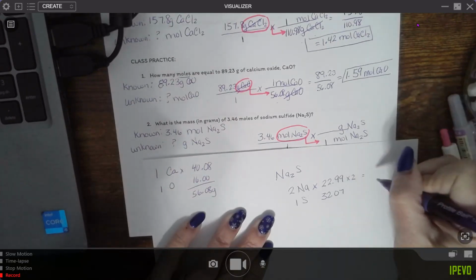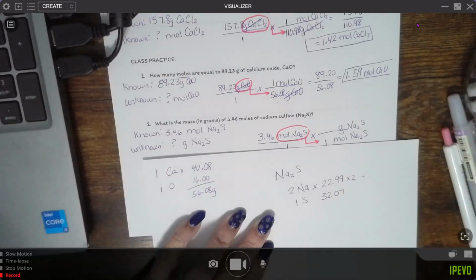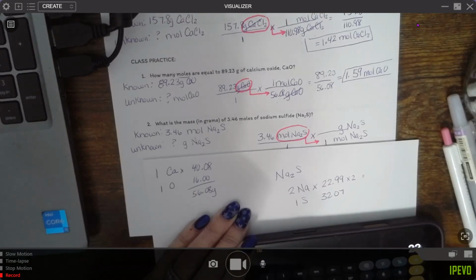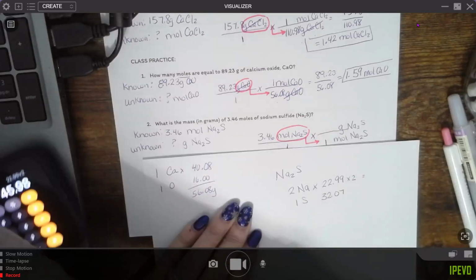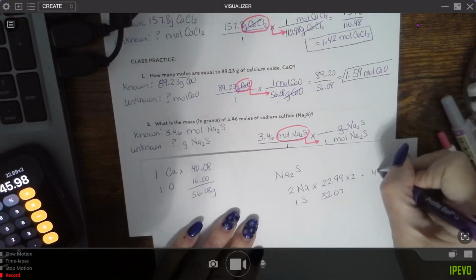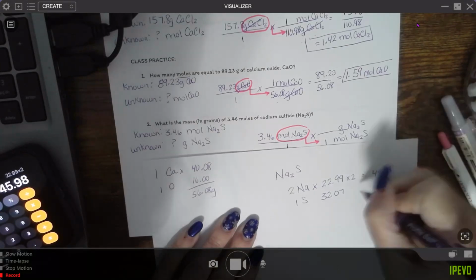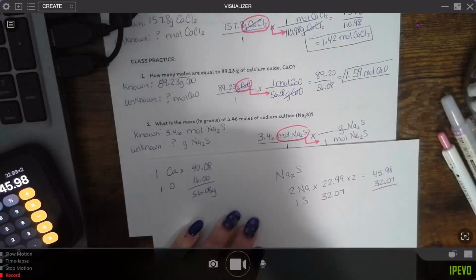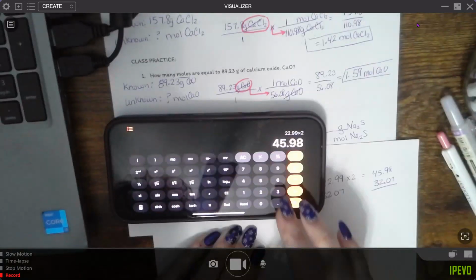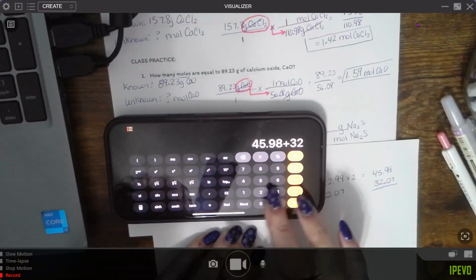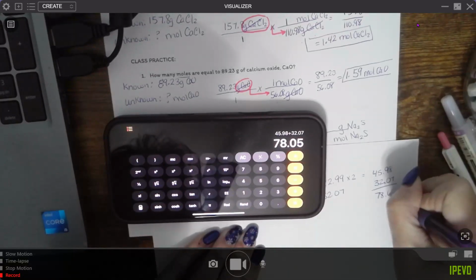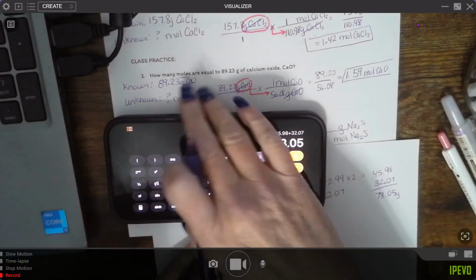I'm going to do this on my calculator so I don't mess it up. 22.99 times 2 is 45.98. So that's 45.98 plus 32.07. Let's add those together. 78.05. That's the number of grams.